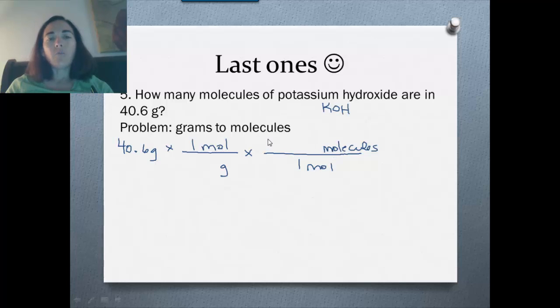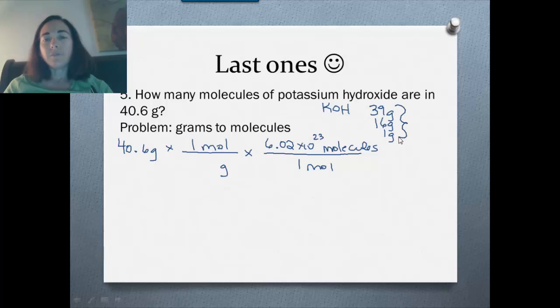I know that in 1 mole there is 6.02 times 10 to the 23rd molecules, and I've got to get the molar mass of KOH. So go look that mass up. Potassium has a molar mass of 39 grams. There's 1 of those. Oxygen is 16 grams, and hydrogen is 1 gram.